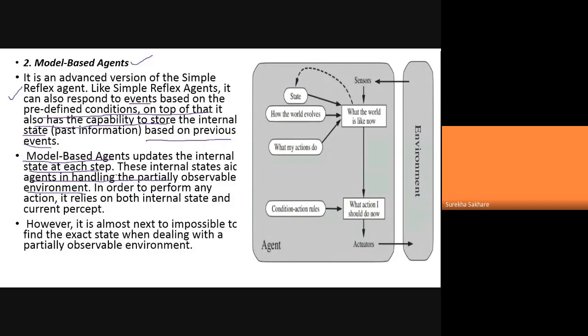Okay, we'll come to the point after 2 seconds. This partially observable environment is going to be dealt with by the model based agents, because we know that for the simple reflex agent, the environment required was fully observable, with full information on how the Mars terrain will be, whether it is going to be moving from this place to this place.